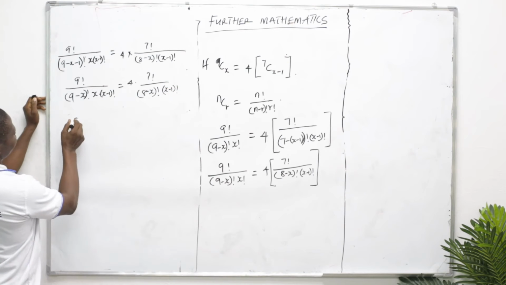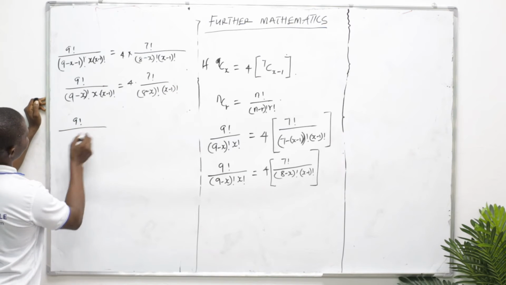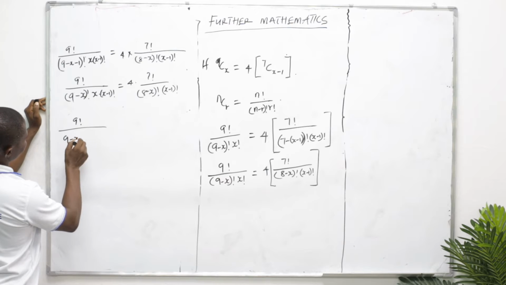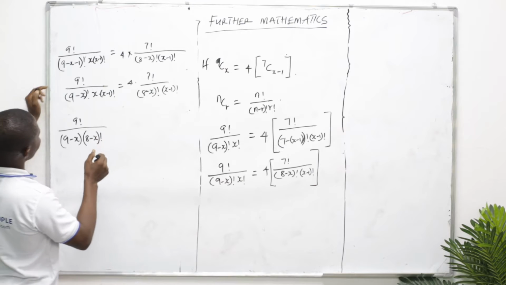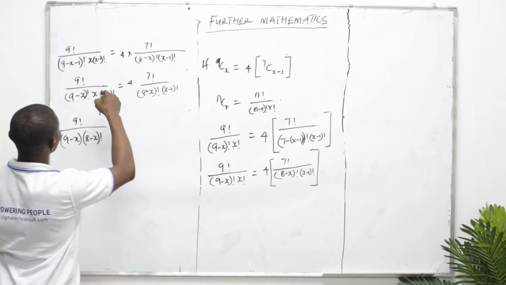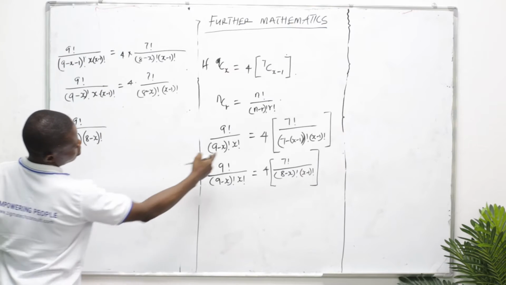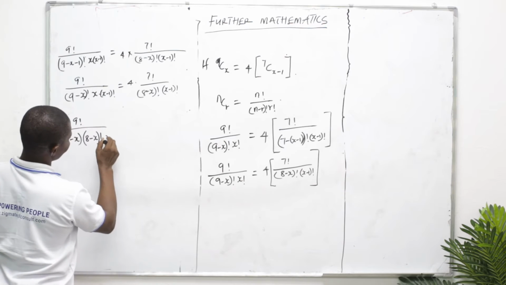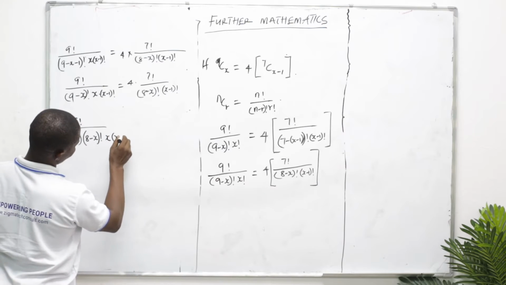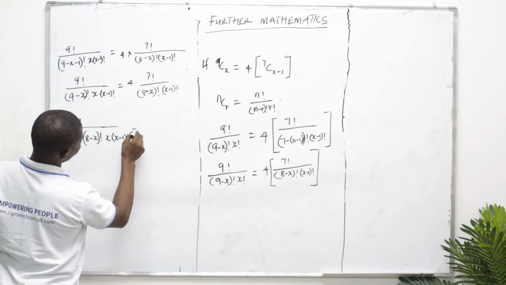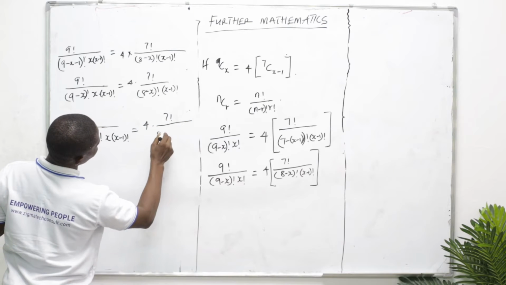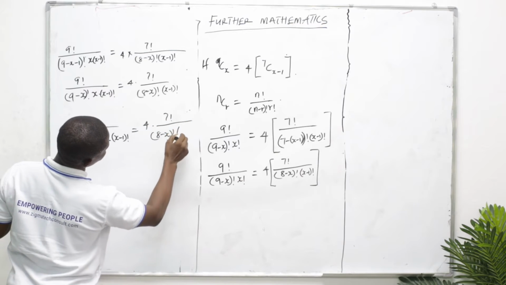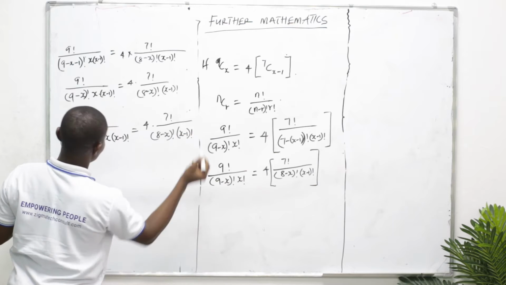That is 9 factorial all over 9 minus s into 8 minus s all factorial dot s factorial, meaning after s the next is s minus 1 factorial, okay, equals 4 times 7 factorial all over 8 minus s all factorial into s minus 1 all factorial.